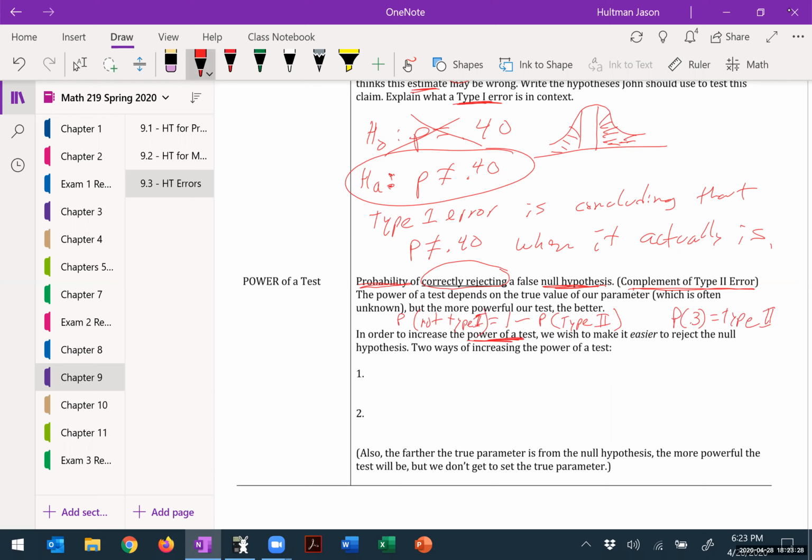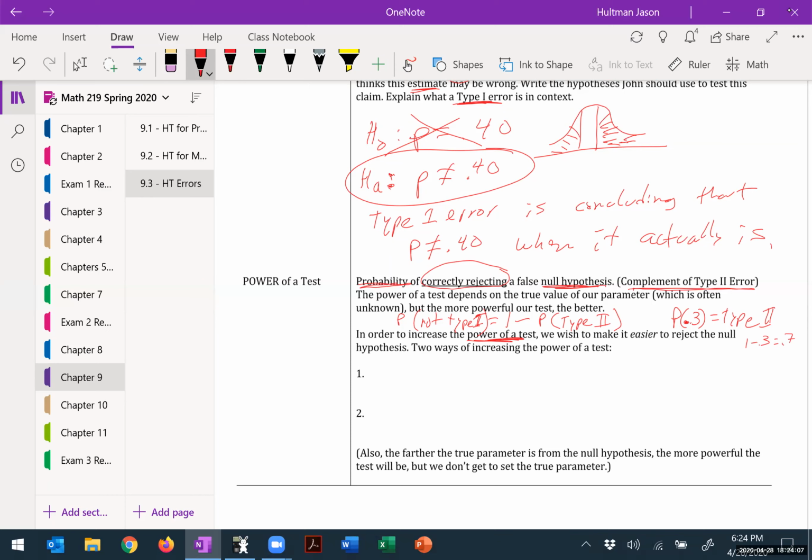You've got a 30% chance of falsely accepting the null, so failing to reject the null. Okay, so then what would be the probability of not getting a type 1? Well, it's 1 minus the probability of getting a type 2, and so that is 1 minus 0.3, which is 0.7. You have a 70% chance of not getting a type 1.